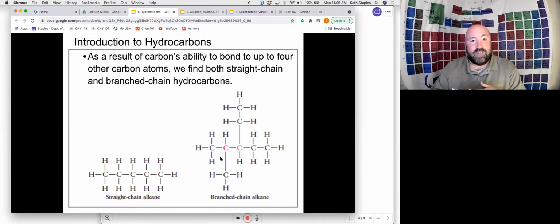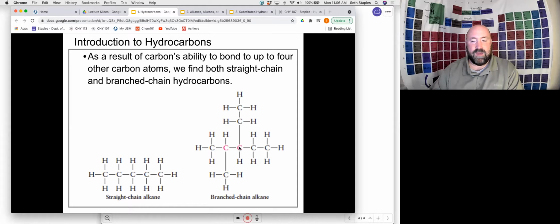Carbon also, again, since it has an ability to bond up to 4 other carbon atoms, we can find what we call both straight chain and branched hydrocarbons. And so we can see in here, for instance, here's what we would call a straight chain alkane, 1, 2, 3, 4, 5 carbons long. Here's another alkane that's 1, 2, 3, 4, 5 carbons long, but at this carbon, we have another carbon group coming off it.